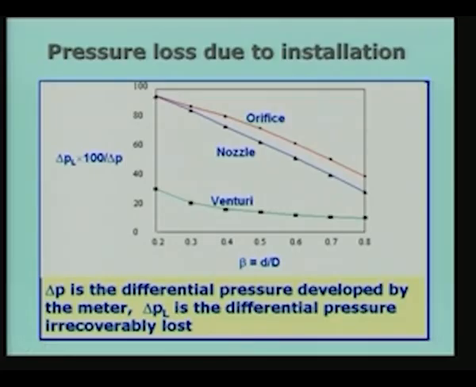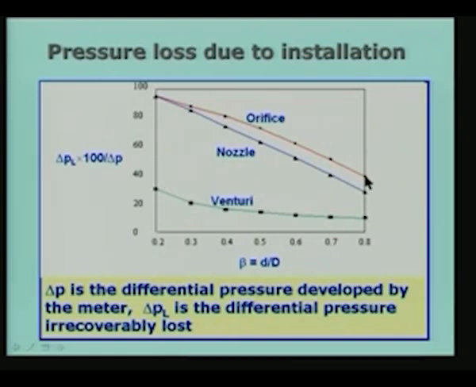So, this is the pressure drop across the device from the inlet to the exit, divided by the pressure difference created by the device because of the acceleration of the flow in the converging section.